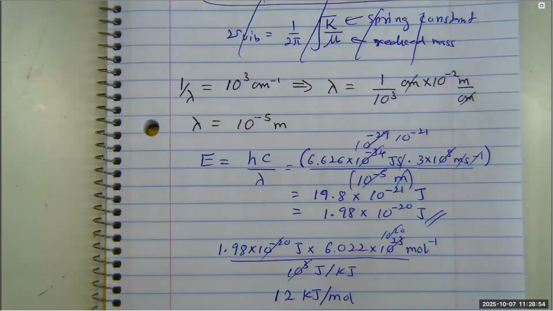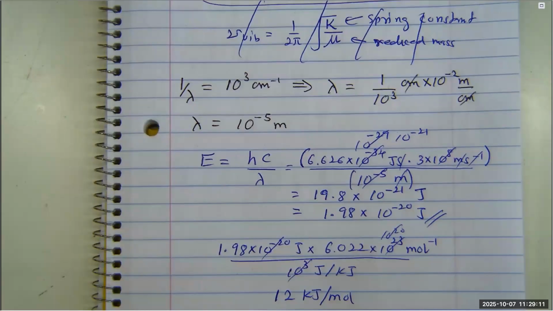To induce that transition, the energy of the radiation is 12 kilojoules per mole. That is the energy of the radiation, energy of one photon or energy of 1 mole of photons. That's all you've been told here. Okay. Thank you.